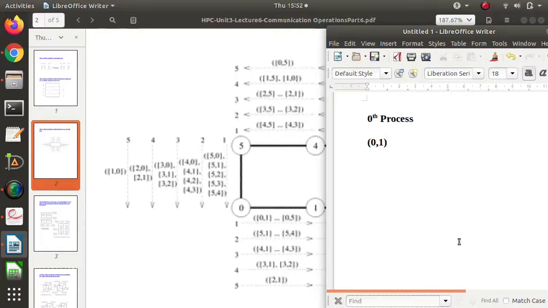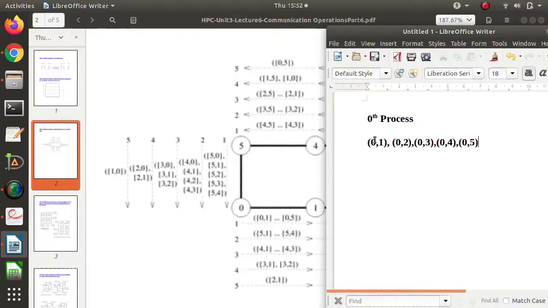So it has 0,1, 0,2, 0,3, 0,4, 0,5. These are the messages that the zeroth process has.